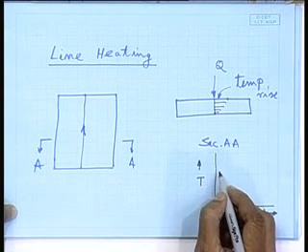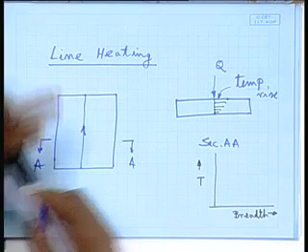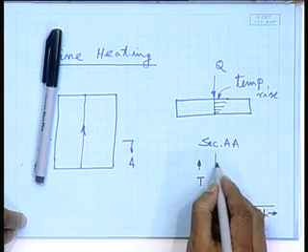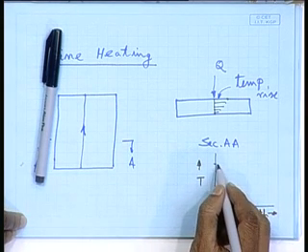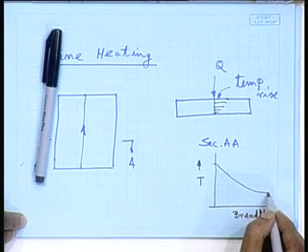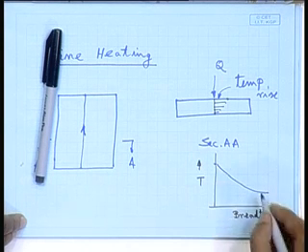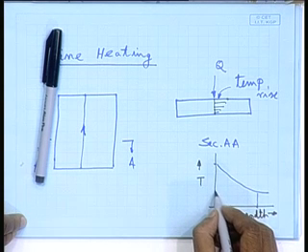At the central line, just below the heat source, I will have the maximum temperature, and it will gradually come down, and beyond a certain point it will be the room temperature.